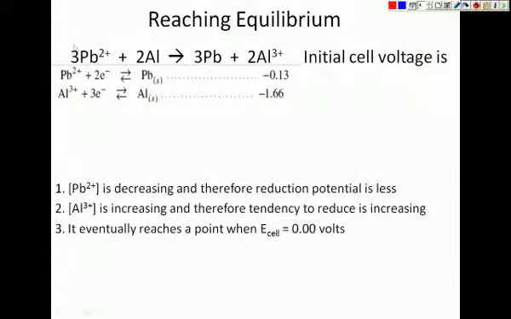So here is an equation that we did last time, and if you remember a very easy formula, E naught cell equals cathode minus anode, and we found that this is minus 0.13 minus negative 1.66, which left us with an initial voltage of 1.53 volts.